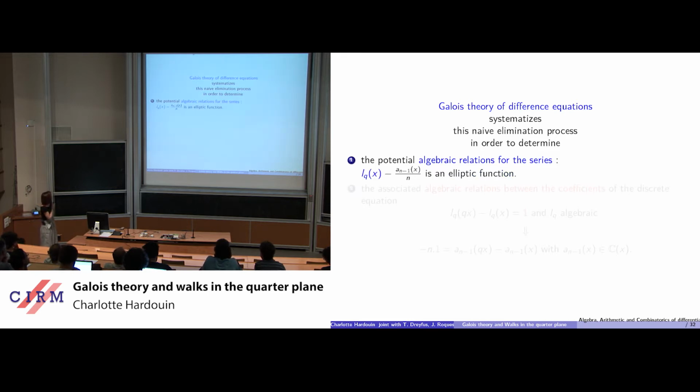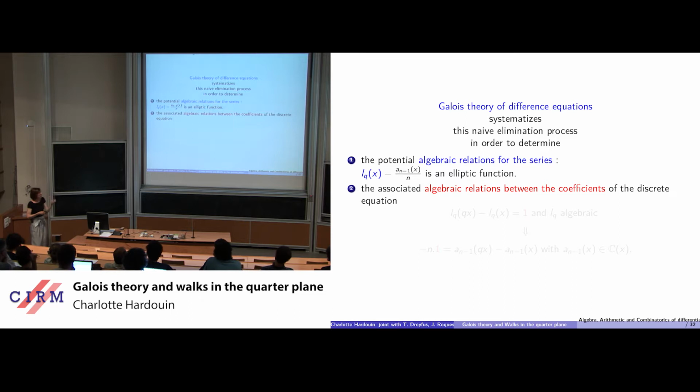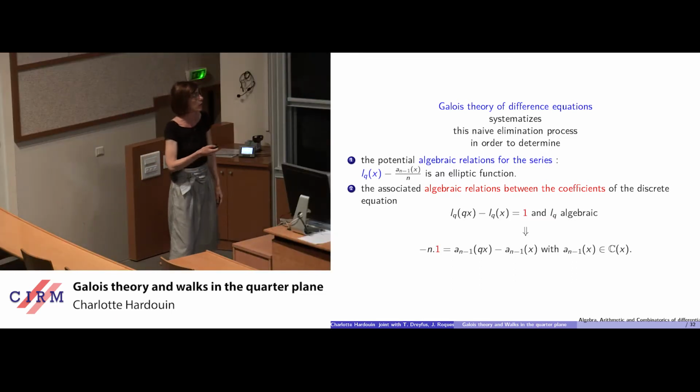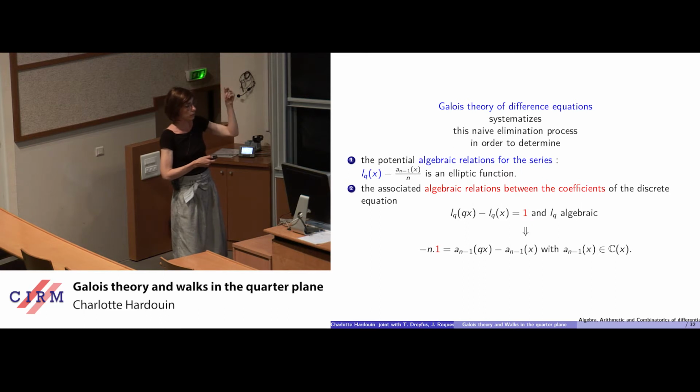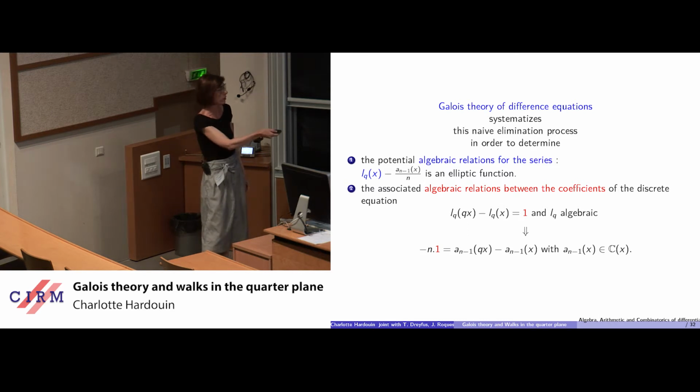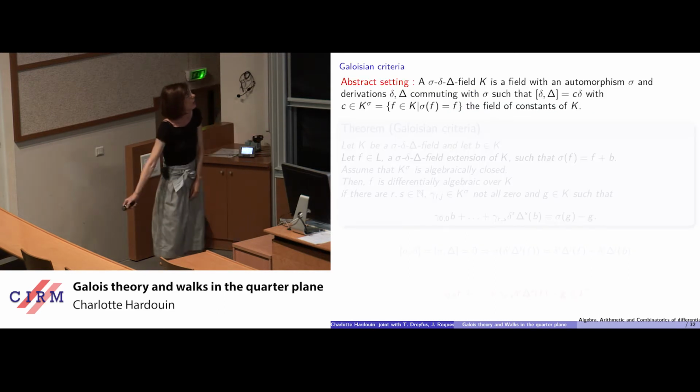For instance, if Lq of x is algebraic, the relation is of this type. And then it tells you what kind of algebraic constraints you must have on the coefficient of the equation in order to acknowledge the relation on the function. And this is what we found for the Q logarithm.